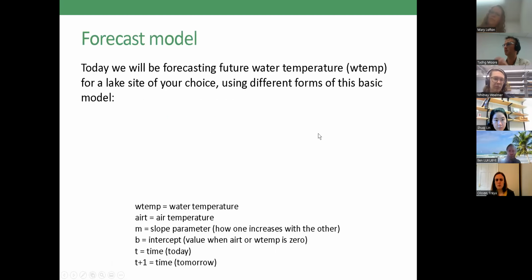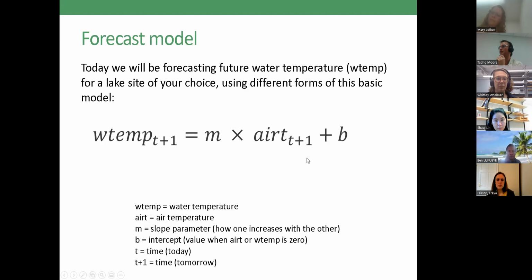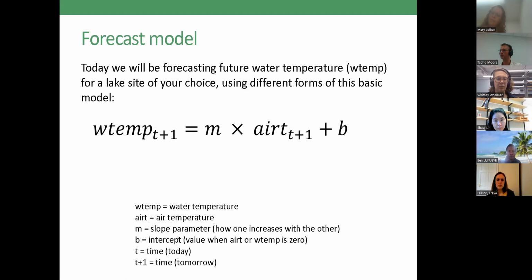So today we'll be forecasting future water temperature for a lake site. We're going to use a very simple linear regression model to predict water temperature tomorrow, using simple linear regression with air temperature, and we'll also use forecasted air temperature to generate predictions of water temperature.